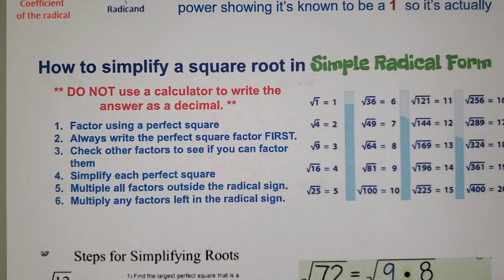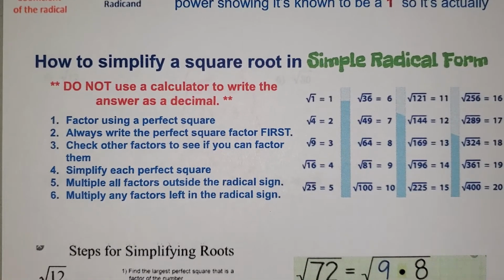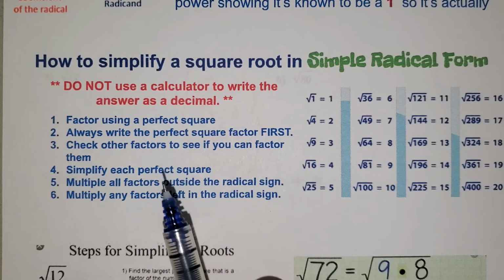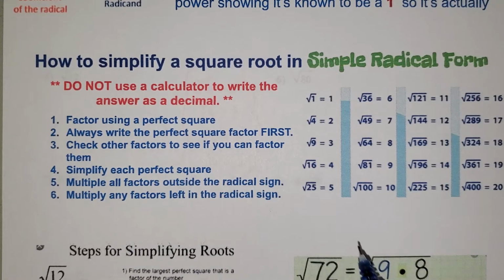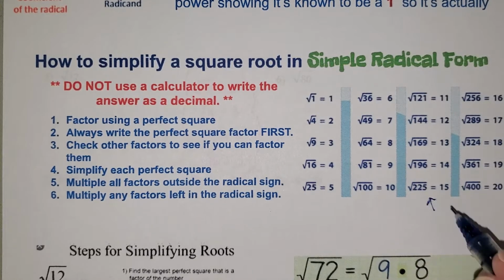So as we do this, you're going to always see if you can factor using a perfect square. And I gave you the perfect squares. You probably should know them up through 15 and maybe this one. But I wouldn't expect you to know 16, 17, 18, and 19.